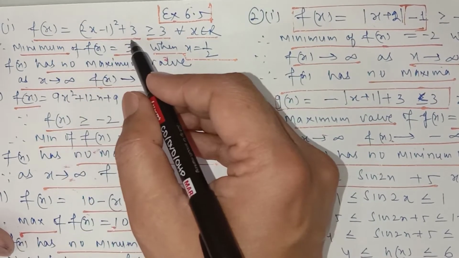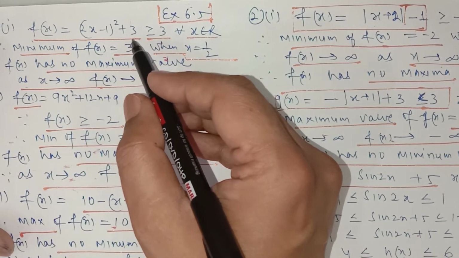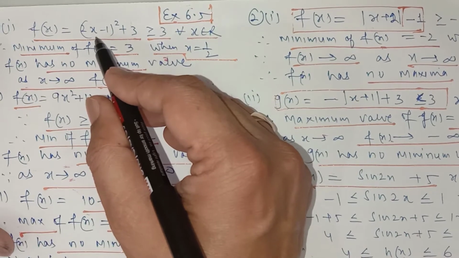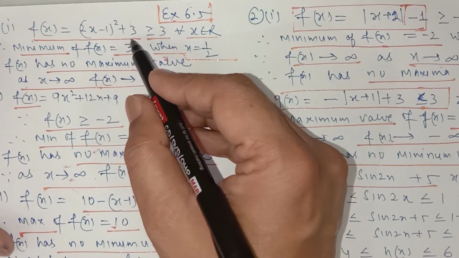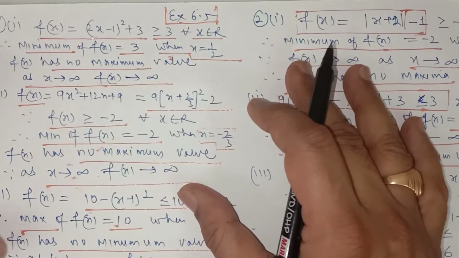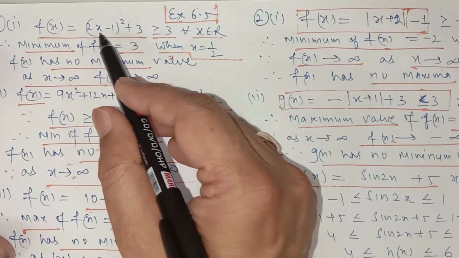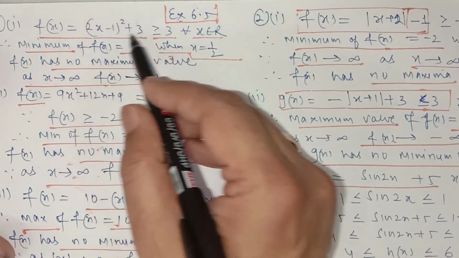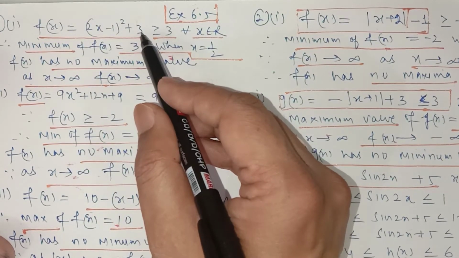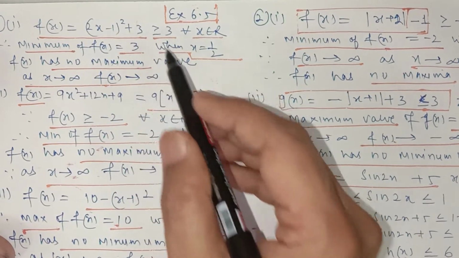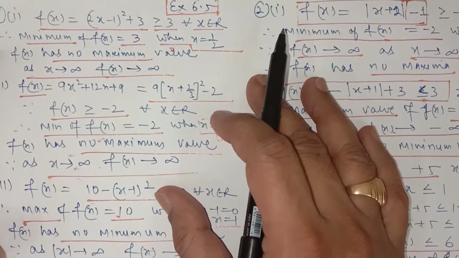So this function has only minima at x equal to 1 upon 2, and the minimum value is 3, and this function has no maxima, because as we increase the value of x up to infinity, the value of the function goes up to infinity.